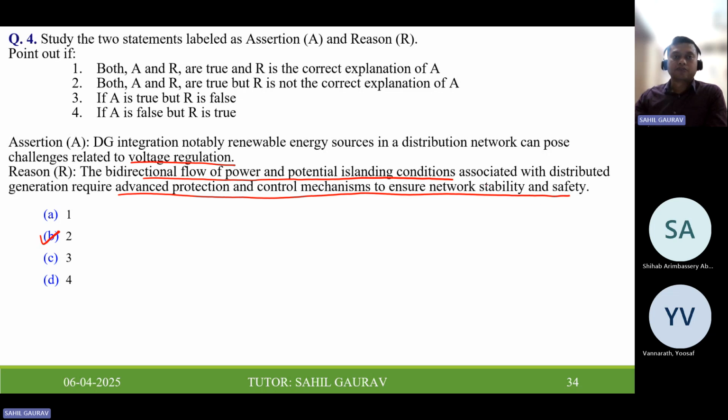So the reason is also true, but it diverts from the correct reason.